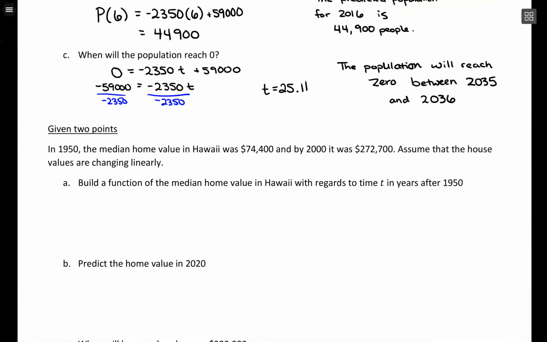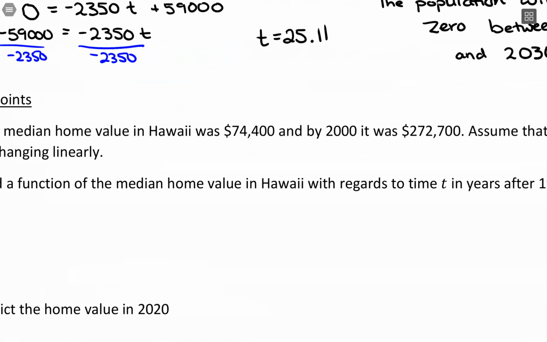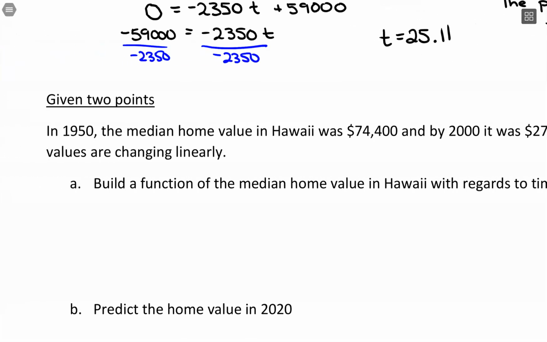Alright, given 2 points. So here we have in 1950, the median home value in Hawaii was $74,400. How nice. And by 2000, it was $272,700. Assume that the house values are changing linearly. So with that, we know we have a linear function to work with.